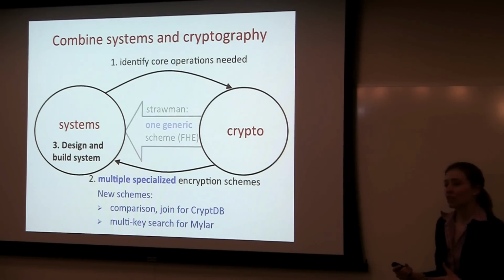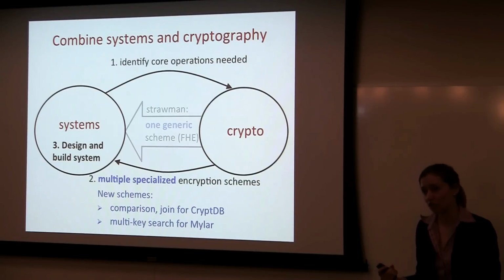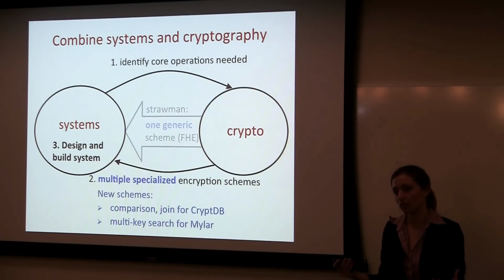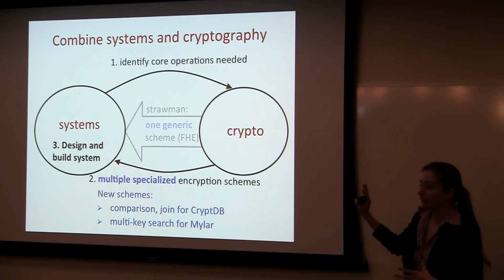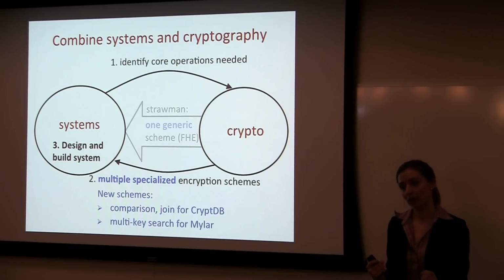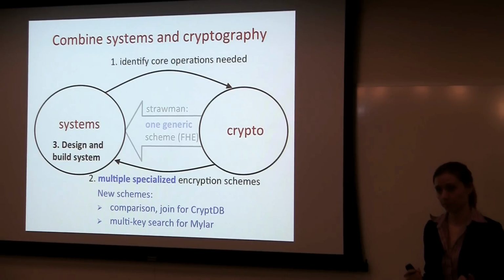And here, there's really no recipe. You have to come up with new techniques. You have to do more research. And we'll see later in Mylar that it's really crucial in making the cryptography work and give you any security at all. But the point of this slide is that you can see why you can even hope to make this approach practical with this idea of using multiple specialized encryption schemes.